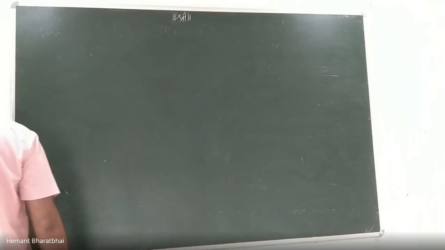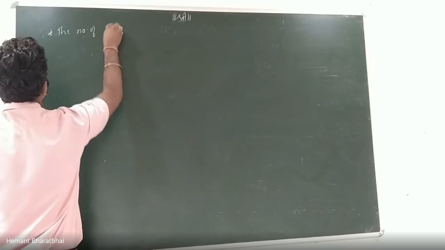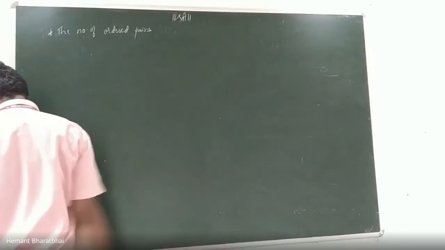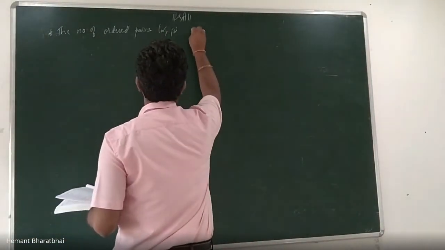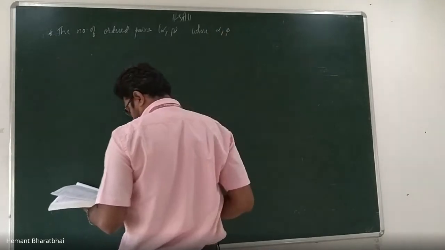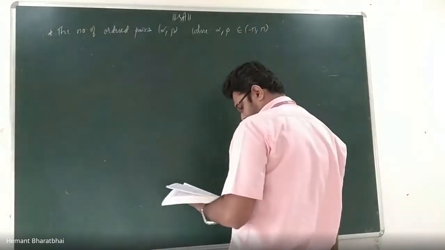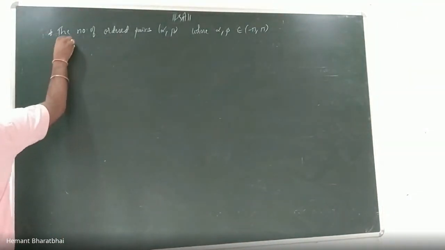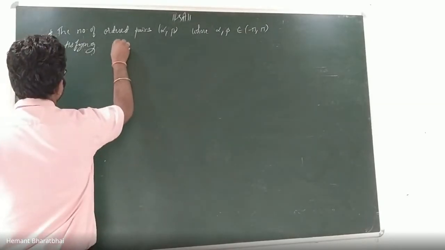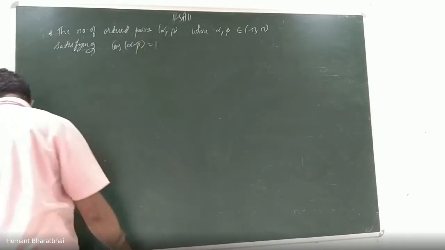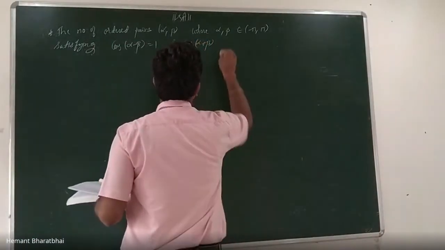Let's go for the next numerical. It says that the number of ordered pairs alpha comma beta, where alpha and beta belong to the interval minus pi to pi, satisfying the equation cos of alpha minus beta is equal to 1 and cos of alpha plus beta is equal to 1 by e.